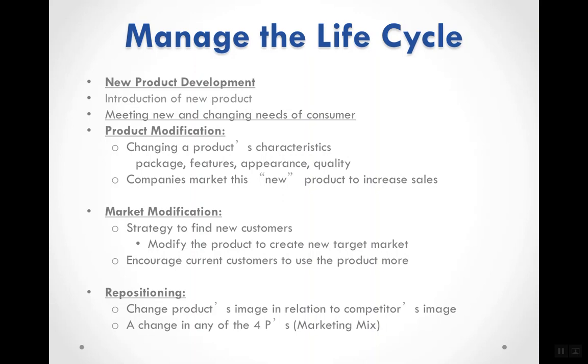Next strategy is product modification. When you have to manage the life cycle, the next strategy is modification of the existing product, which means changing a product's characteristics. This may include its packaging, its features, its quality, whatever you are committing to your customer, its appearance.